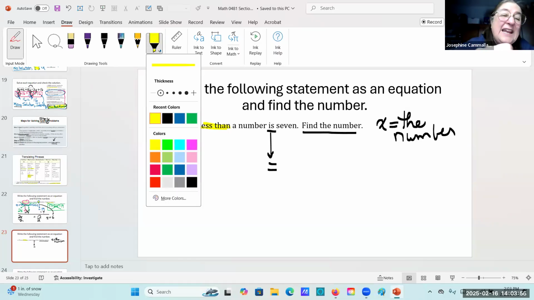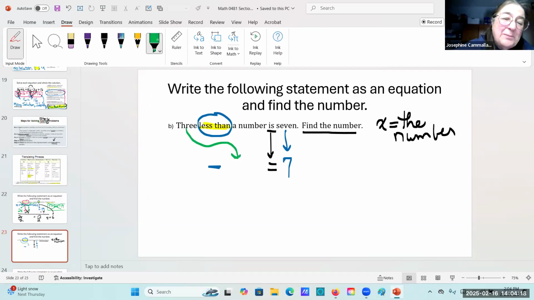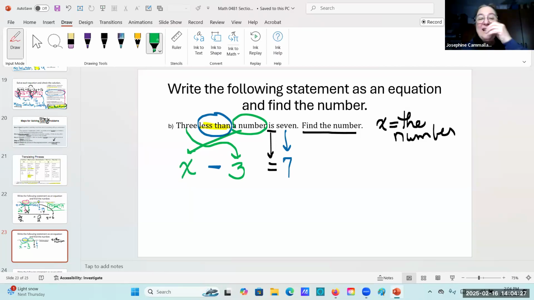Well, that "is" told me I have an equal sign. What comes after the word "is," I'm going to bring 7 right behind the equal sign. Now, "less than" means subtract. This is where you've got to be careful. This 3 is going behind the minus sign. Now, a number is coming in front of the minus sign.